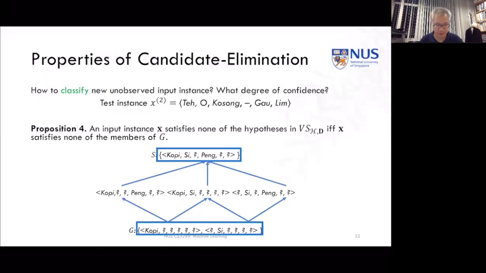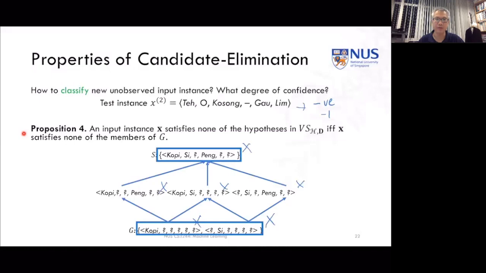Well, in this case, we can see that every one of the hypotheses doesn't accept it. So this particular training example is going to be selected as a negative, or -1, right? Okay, and this is also satisfied in the opposite direction.